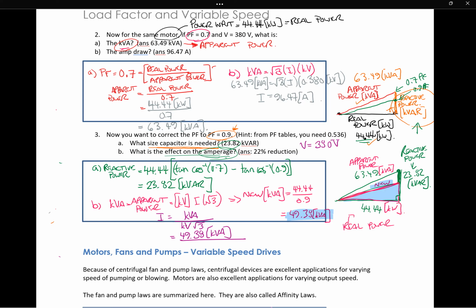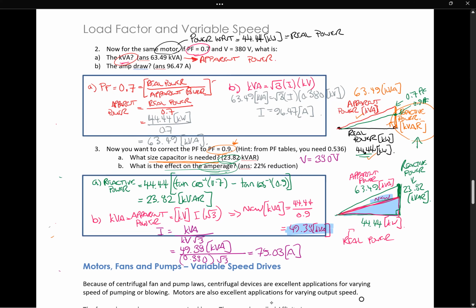So this is where I get the 0.380 times root 3 down here, which is 75.03 amps.